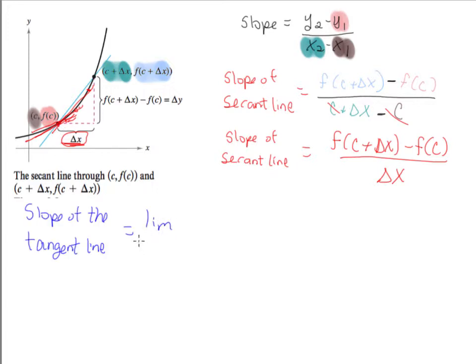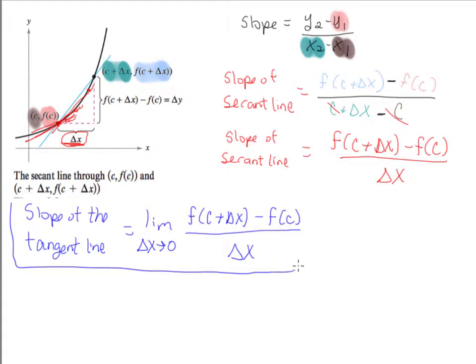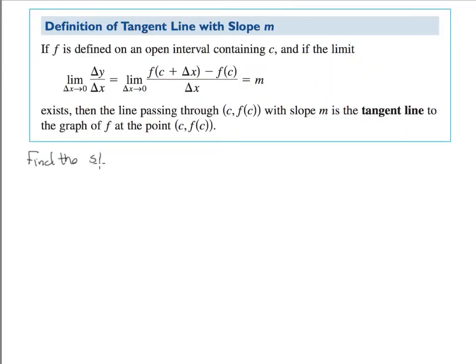We want that change in the x to become nothing, getting that second point as close to the point of tangency as we can, of y2 minus y1 over delta x. This is the slope of the tangent line limit definition. Notice that I'll be using the notation m to represent slope.